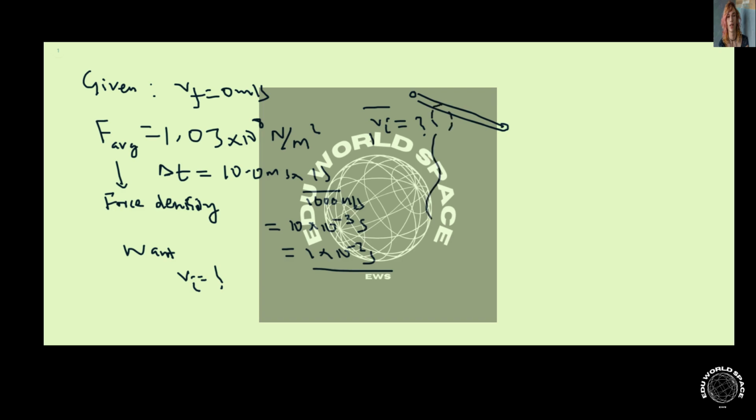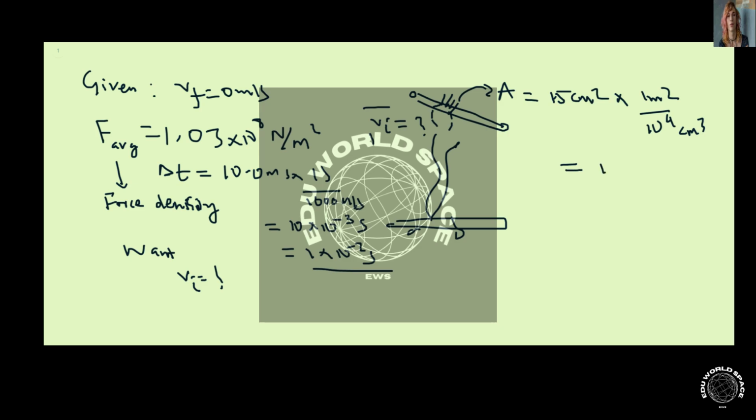When they hit the pole, the area of contact happens to be 1.5 centimeters squared, and we can change that to meters squared by multiplying by the reciprocal of 10 to the fourth. So this is the same as 1.5 times 10 to the negative 4 meters squared.